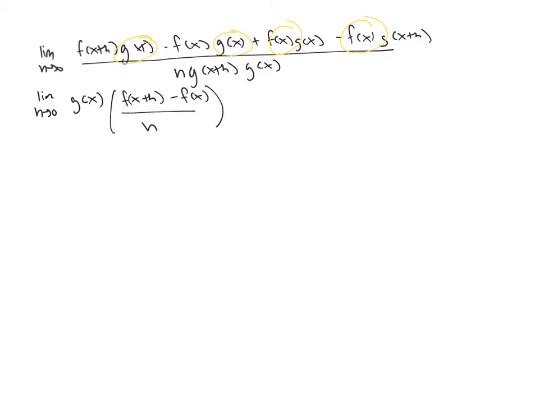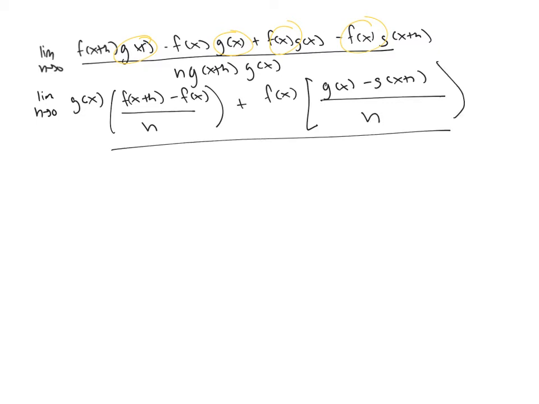We'll deal with the denominator in just a second. And then plus, I'm going to factor out the f of x. And I get g of x minus g of x plus h, all over h.